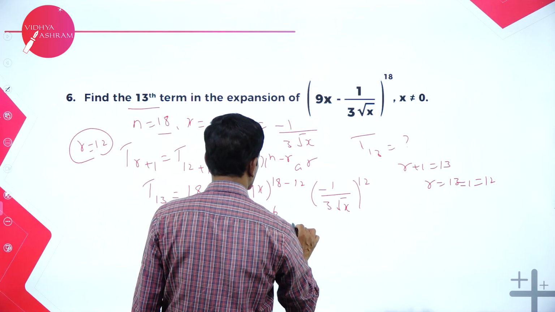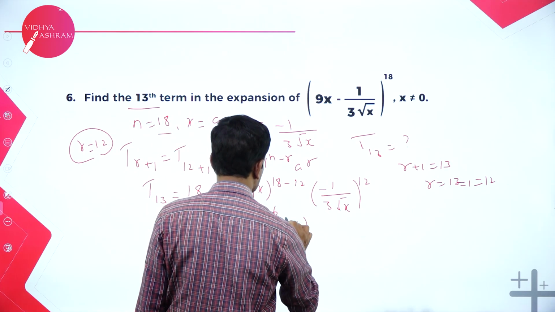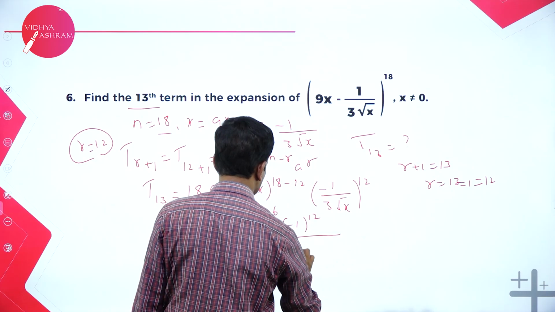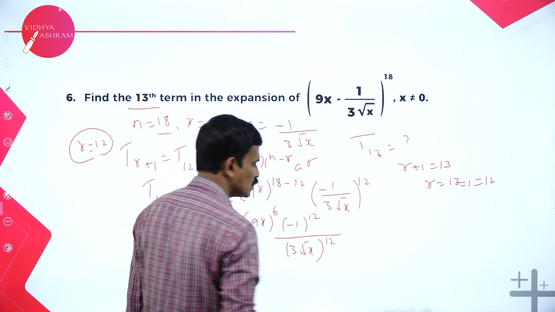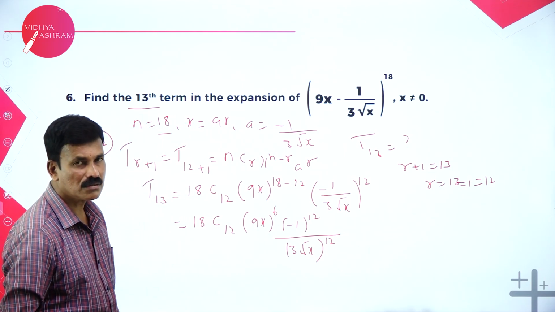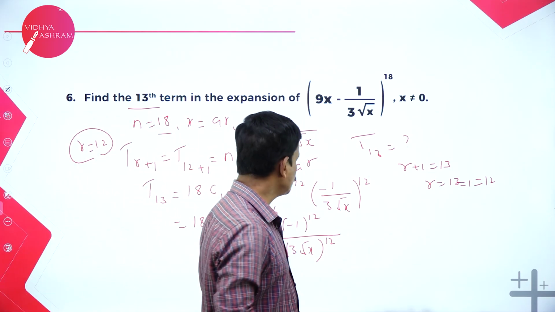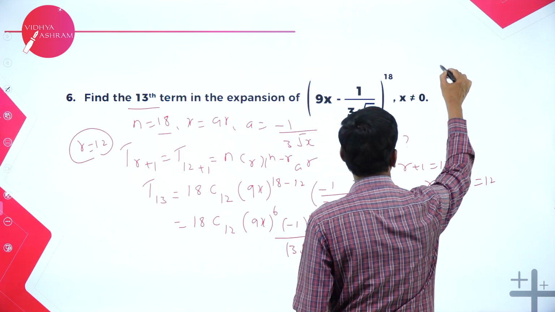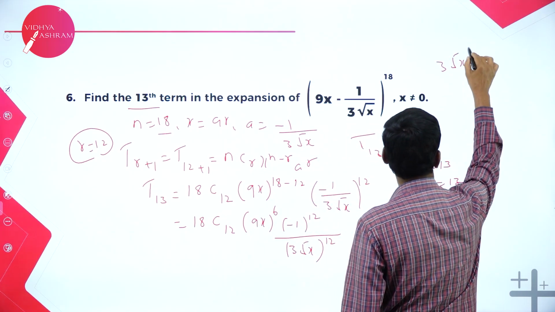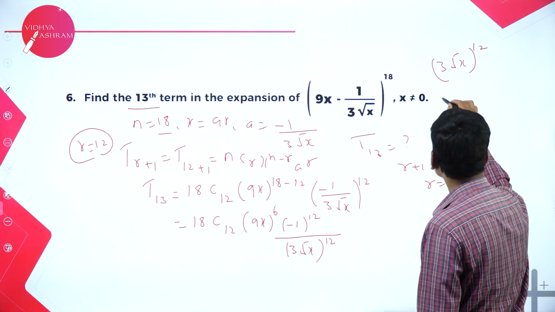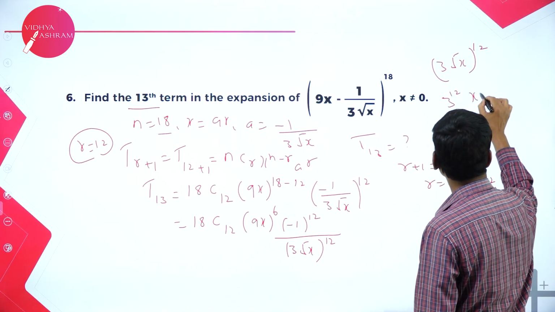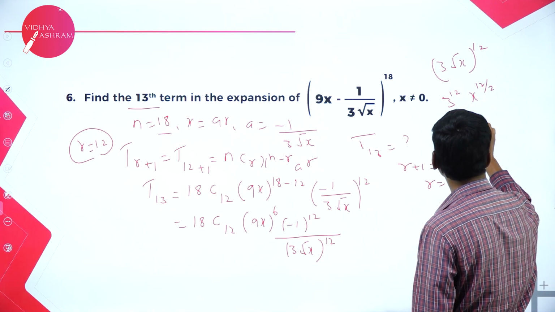This is minus 1 to the power of 12 divided by 3 times root x to the power of 12. So if you simplify, you will get the answer. That's it. Okay. So this 3 root x to the power of 12 can be written as 3 to the power of 12 into x to the power of 12 by 2.